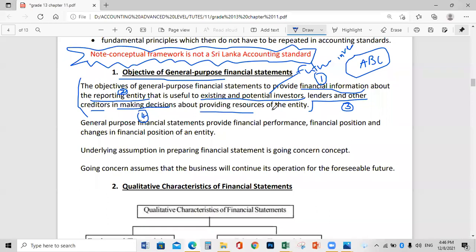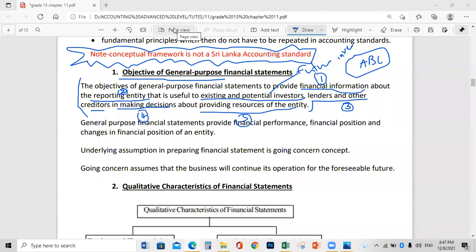What does that mean, guys? Now these people are the ones who gave resources to the entity, right? They are the ones who provided resources. For example, the bank is giving a loan to us. They are giving their resources, so they have a right to make a decision, right?